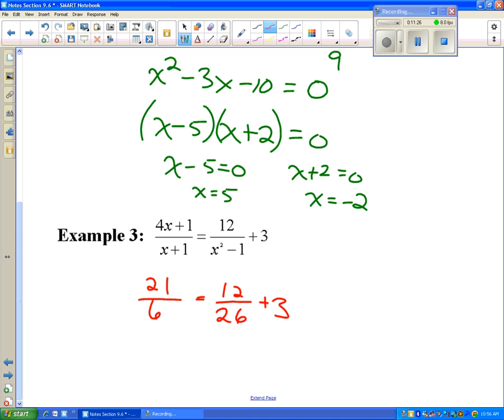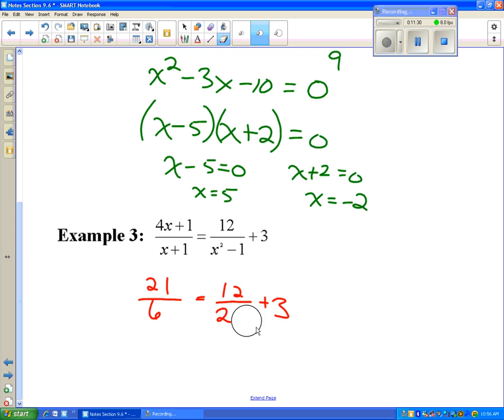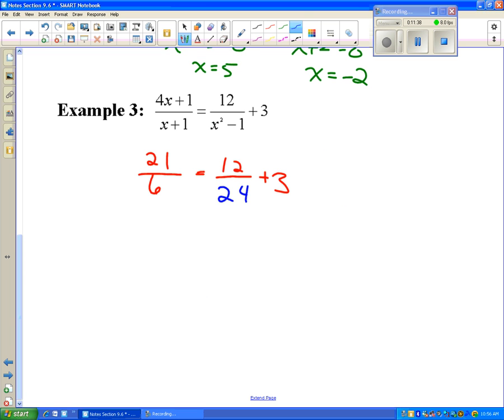Okay, Mr. Bryant and Mr. Quimby are yelling at me. That is not 26, that's actually 24. So on my right side, 6 goes into 21 3.5 times. 12 divided by 24 is 1/2, so this is 3.5.